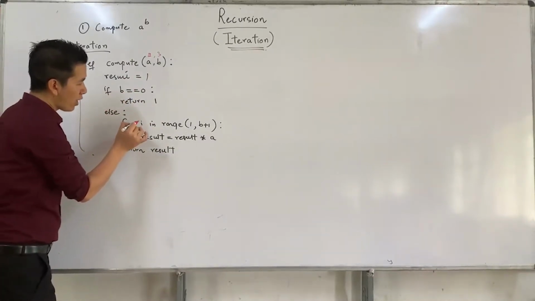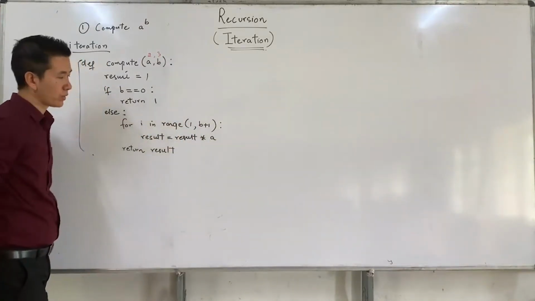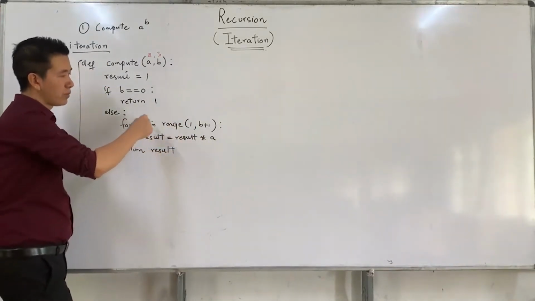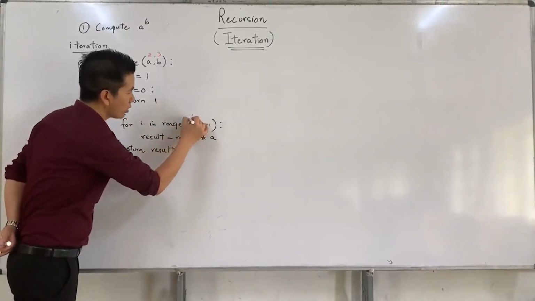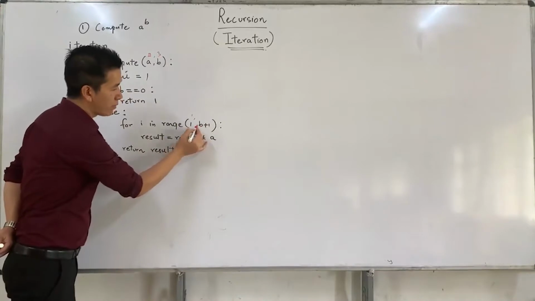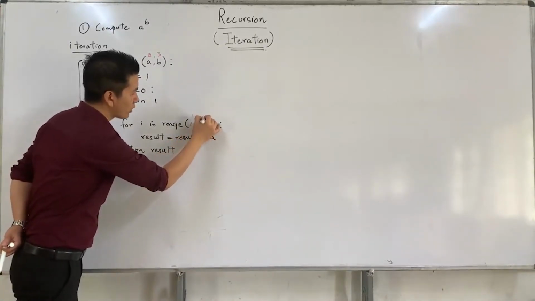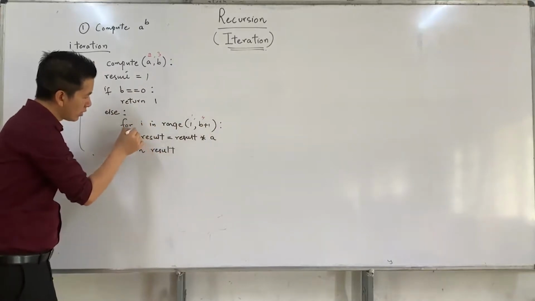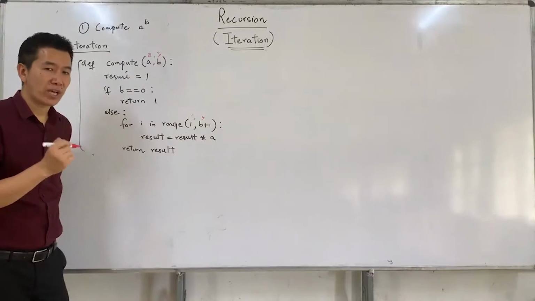And then for i in range 1 comma b plus 1. So this particular loop will run how many times? 1 comma, and then you have b plus 1. The value of b is 3, plus 1 is 4. So this particular loop will execute 3 times.